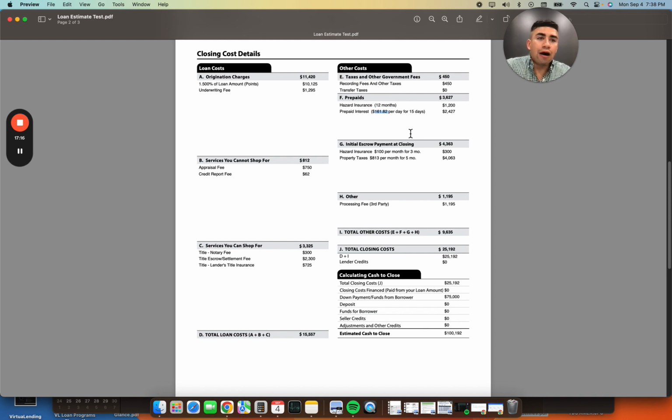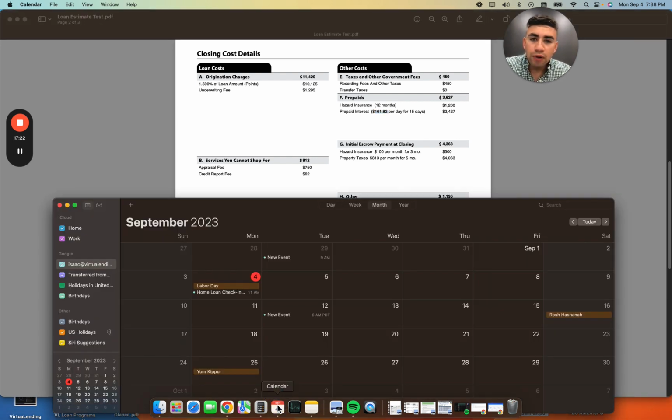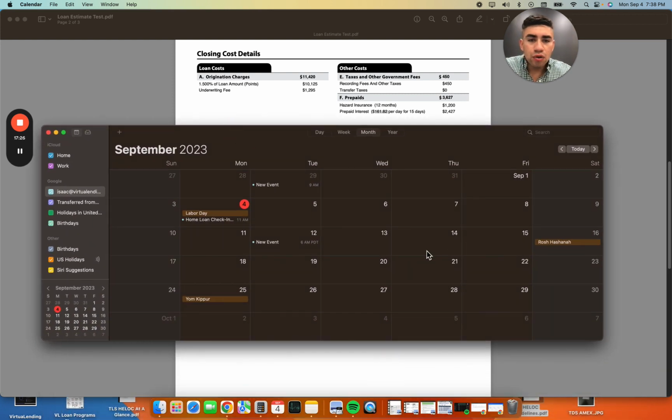And how much they're going to collect is just based on when we close your file, right? So let's just say here, pull up our calendar for the purpose of this example. Let's say you're closing on September 15th, right? There's 30 days in September. So the lender is going to collect from the 15th through the 30th.